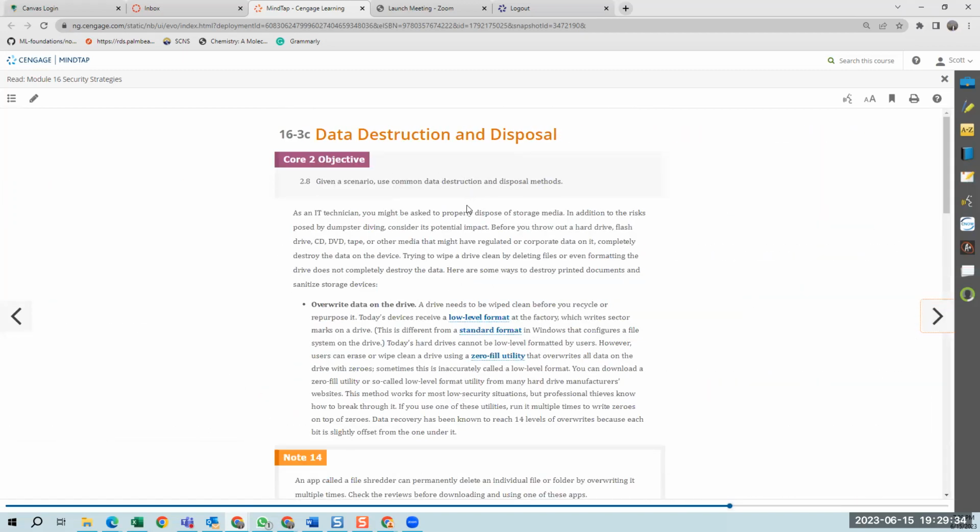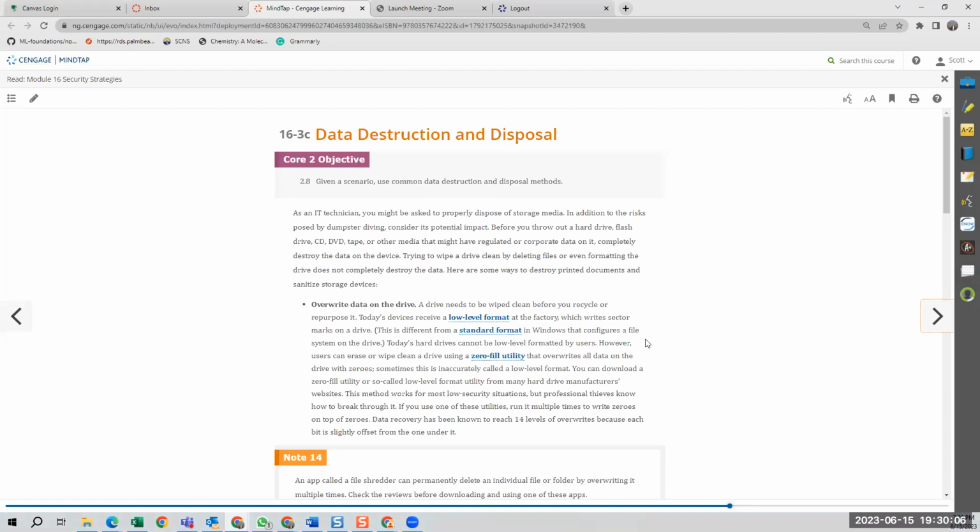Here's where I was just talking about, if I'm going to destroy data, and it's not just destroying data, but destroying the hardware that it's stored on. Just because I delete something doesn't make it gone. If I delete data, I've got to go through a process to delete it, to overwrite it, to zero fill it.